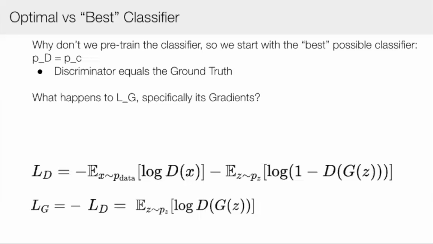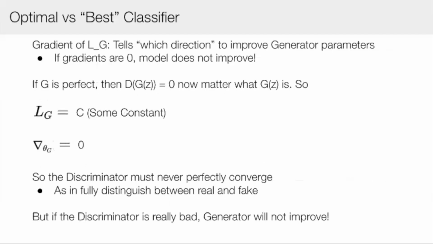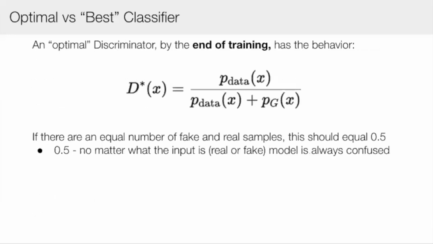The average of a bunch of ones is 1. It'll see everything in the fake data set and say, this is 0. So this loss will be a constant. But remember, if this is constant, then the gradient of that constant is 0. So boom, our gradients vanish. That's why we don't want our discriminator to be perfect. If it's perfect, then we can't train, at least if it's perfect from the get-go. It can't be perfect from epoch 0.